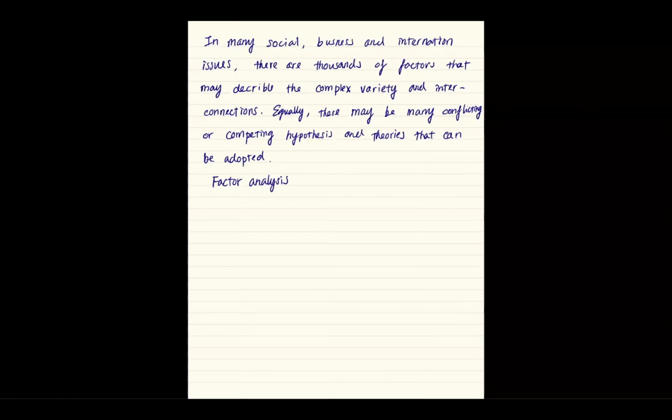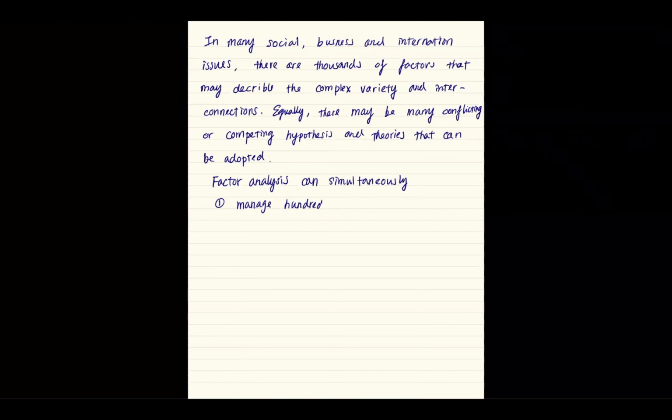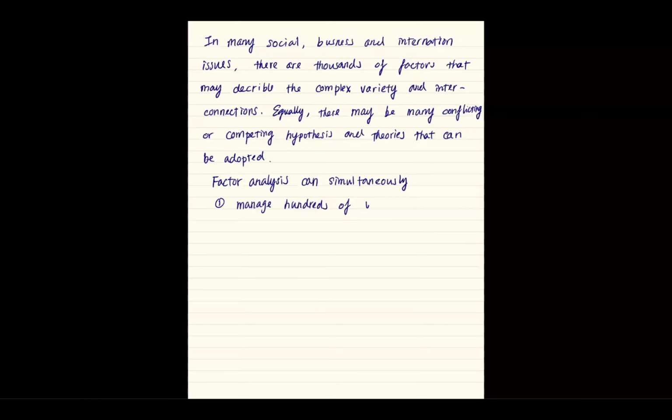Factor analysis can simultaneously, which means at the same time: one, manage hundreds of variables, or you can call them factors.